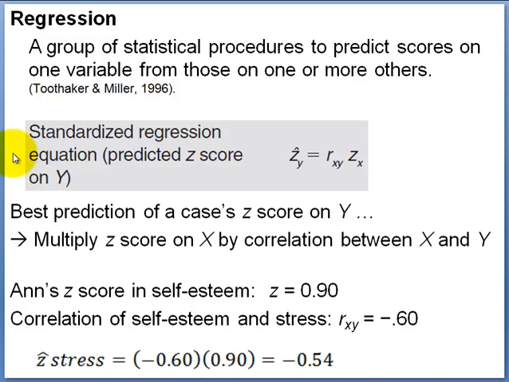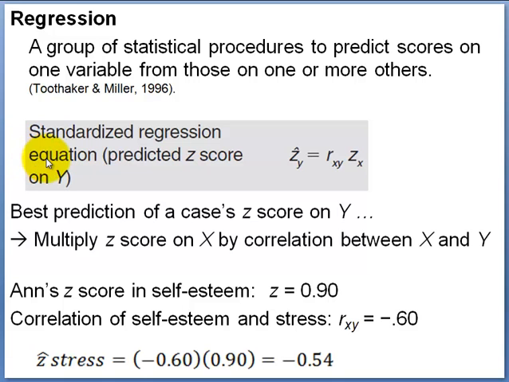Towards the very end of the book, we'll talk about regression where either the independent or dependent variable may not be numeric, and also regression where there is more than one independent variable. So the regressions that we're looking at here are bivariate regressions in the sense that we have one independent and one dependent variable. So here is our standardized regression equation.